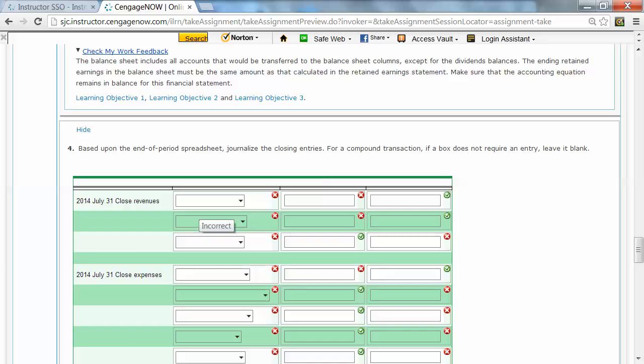So we're going to start listing our accounts, and the first one's going to be my fees earned, because I need to debit that, right? It has a credit balance, I've got to debit it, and that's $368,100. I'm referring to the trial balance up above. And then I have my rent revenue. I need to debit it for $1,000. And I'm going to credit my income summary for the total amount.